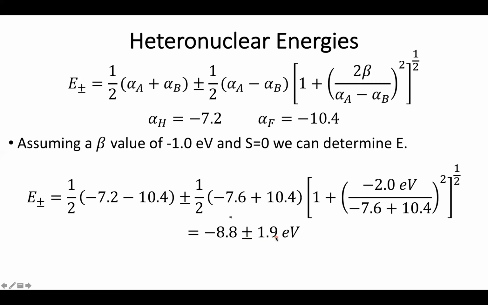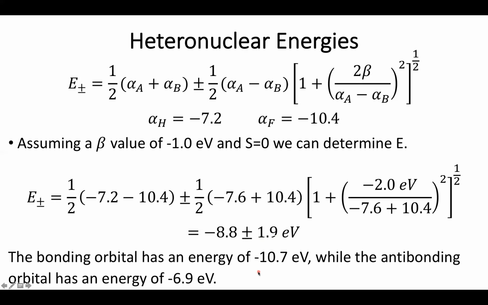So putting this together, we can generate a bonding orbital energy of about negative 10.7 eV and anti-bonding of about negative 6.9. Now, what you may notice is that this ends up yielding a difference of almost 4 eV between our bonding and anti-bonding orbitals. So this is a fairly significant energy difference between our two molecular orbitals.